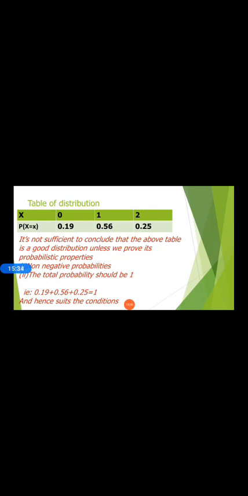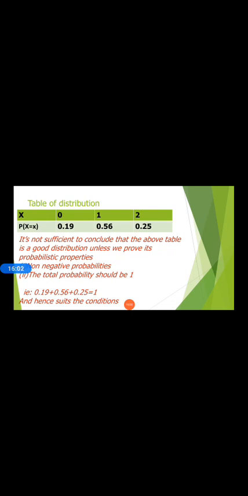I.e., look at our table. When X is 0, the probability is 0.19. Therefore, it is positive. When X is 1, the probability is 0.56. It is positive. When X is 2, the probability is 0.25. Therefore, the non-negativity property is fulfilled. 2.